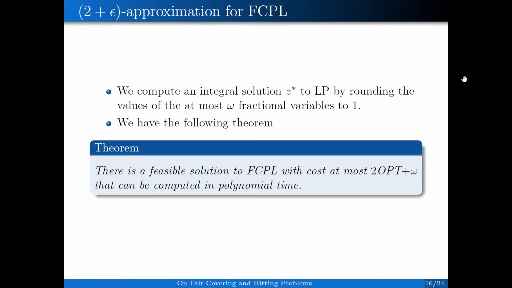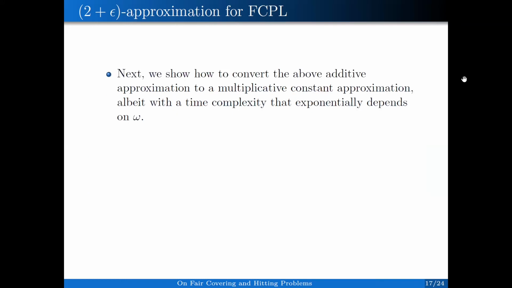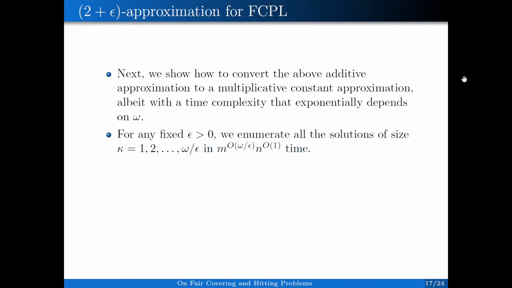Now, to obtain the multiplicative constant approximation, we need to show that omega is bounded by at most epsilon opt. That means the opt is at least omega over epsilon. And we can assume that because if opt is at most omega over epsilon, then we can enumerate all the solutions of size at most omega over epsilon.